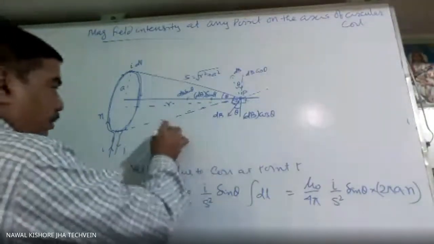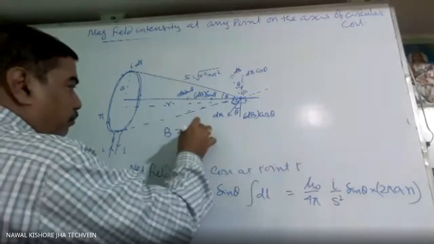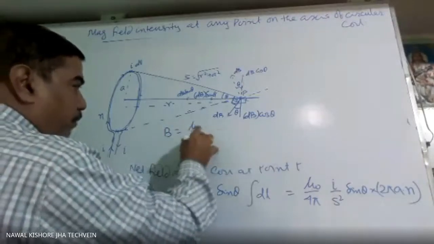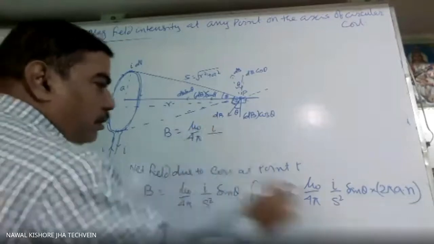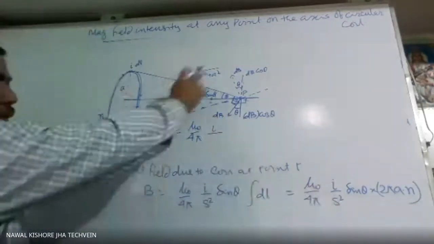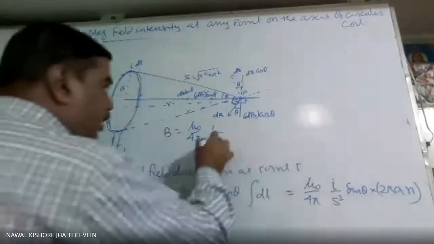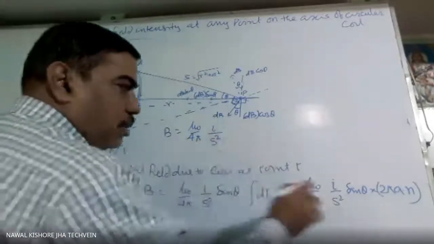So this B will be mu naught by 4 pi I. In place of s square, we can write r square plus a square.